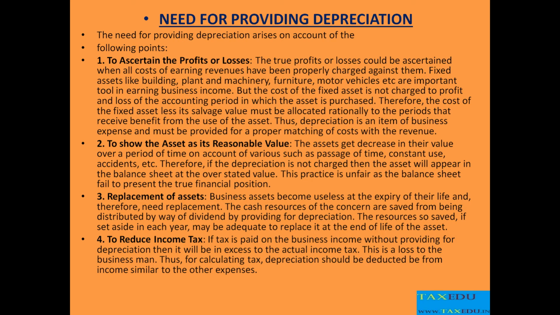Therefore, the cost of the fixed asset less its salvage value must be allocated rationally to the periods that receive benefit from the use of the asset. Thus, depreciation is an item of business expenses and must be provided for a proper matching of cost with the revenue.